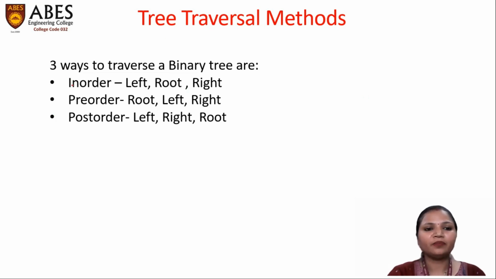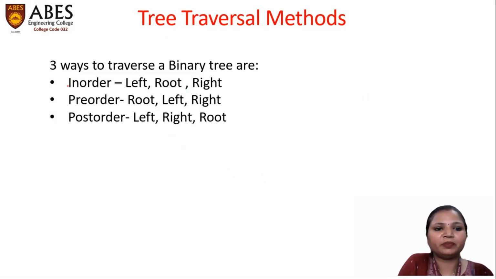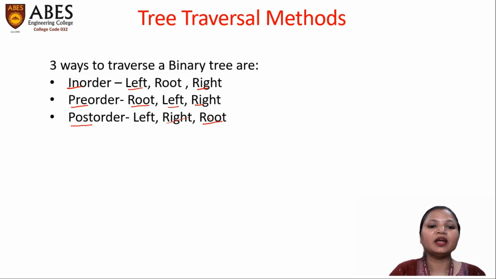Here, In is representing that the root node will come between left and right. Pre is indicating that the root node will be traversed before the left subtree and the right subtree. Post is representing that the root will be traversed after the left and right subtree.